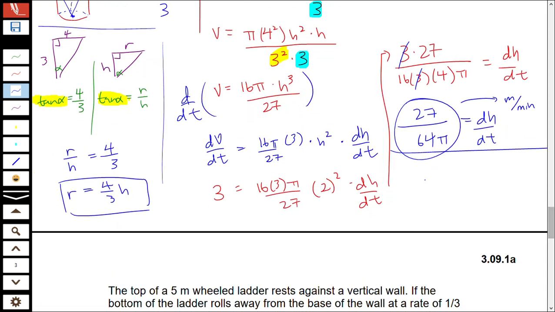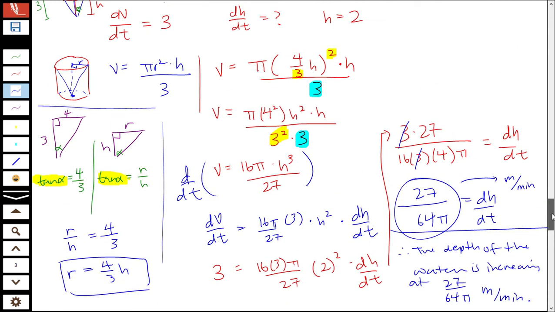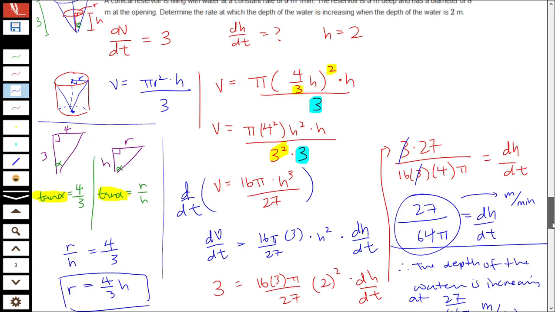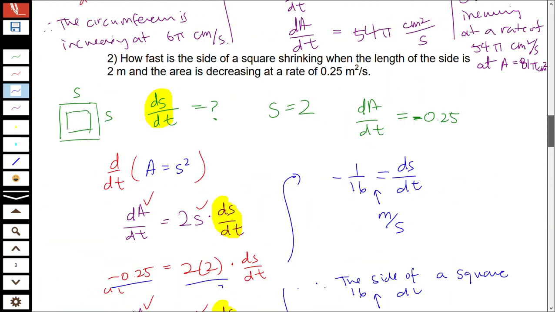So we're going to say, therefore, the depth of the water is, now it's increasing because it's positive, so increasing at a rate of 27 over 64 pi meters per minute. Okay, so I don't think that was so bad. We just had to do an extra step of coming up with the relationship of the two variables, but it was pretty much based on the same things as we did above.